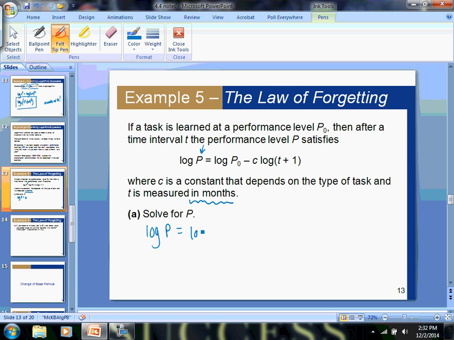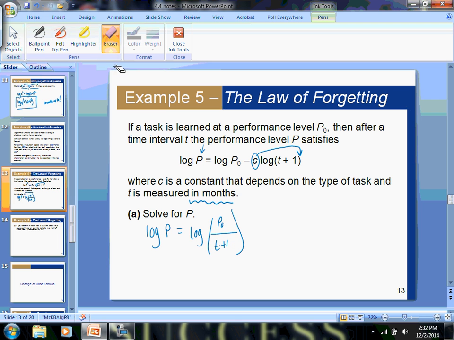So I will have log, and then I'll have p sub 0 divided by t plus 1. Oh, and actually there was this c out in front, so I could raise him up as an exponent too. So I could have the t plus 1 to the c.